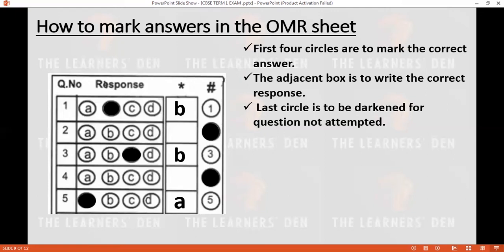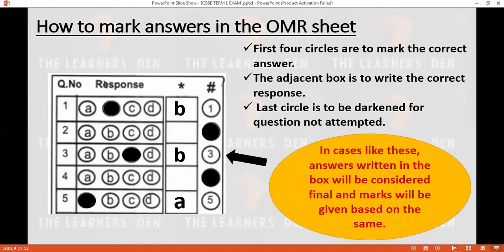Now, if you see in question number 3, I have marked option C, and I have written B. In cases like these, the answer written in the box will be considered final and marks will be given based on the same.